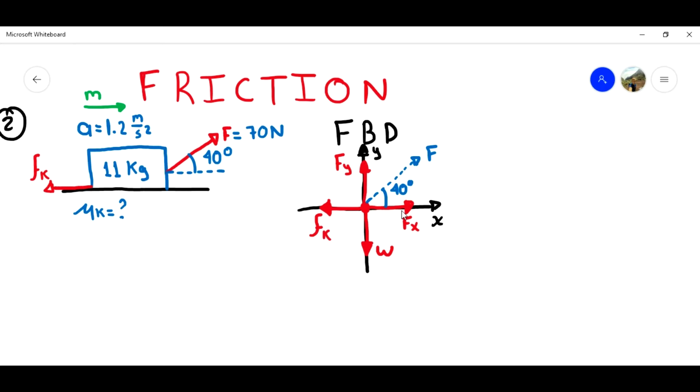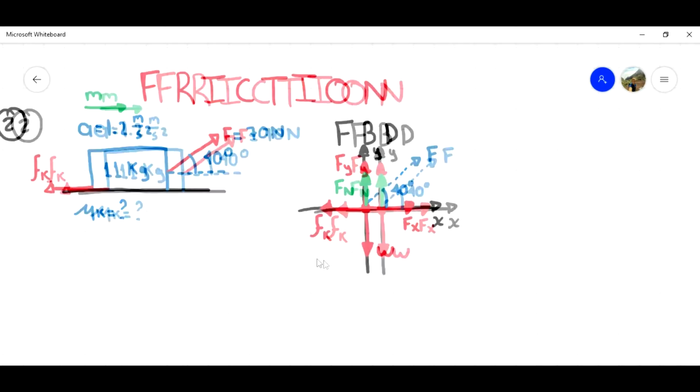So every time that happens, I'm going to have normal force, and the normal force is going to be perpendicular to the surface and opposite to the weight. So the normal force points up, just like this. I'm gonna draw it with the green color, and that's it. That is my normal force, and this is the free body diagram. And I believe that I got all the forces: Fx, Fy, the weight, the friction force, and the normal force.